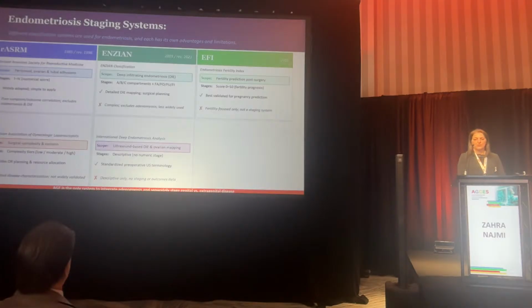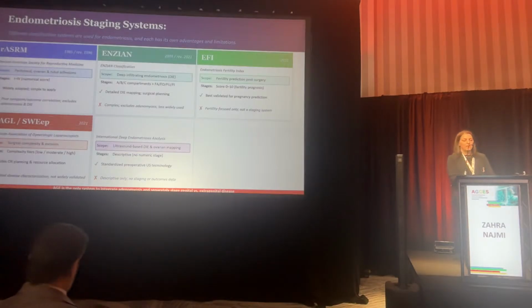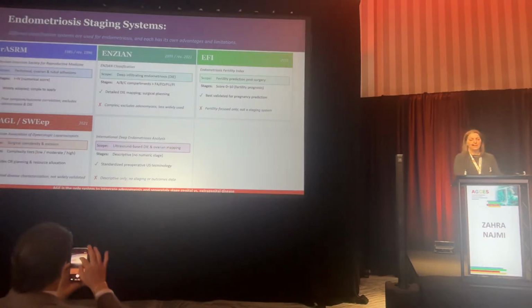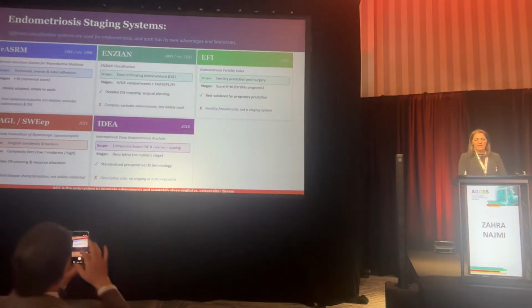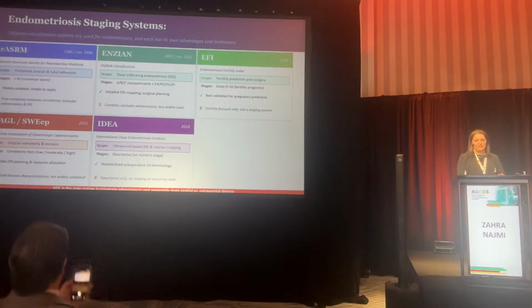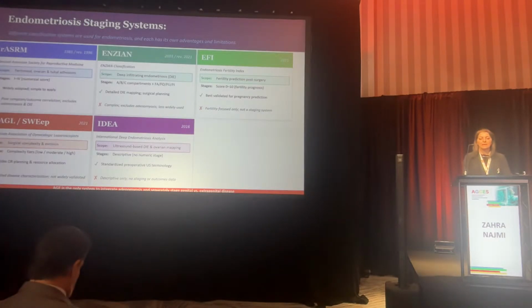It scores the fertility prognosis from 0 to 10. AGL has another classification system, which helps surgeons guide OR planning and resource allocation. And finally, we have IDEA, International Deep Endometriosis Analysis, an ultrasound-based DIE and ovarian mapping, which helps with standardized preoperative ultrasound terminology.